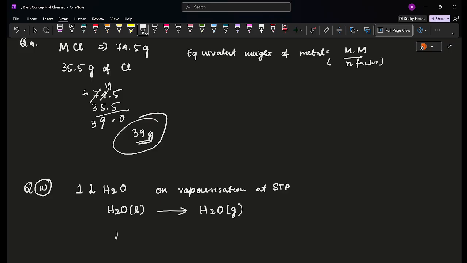And initially it's 1 liter. So they're asking how much would be the volume when there is vaporization at STP.